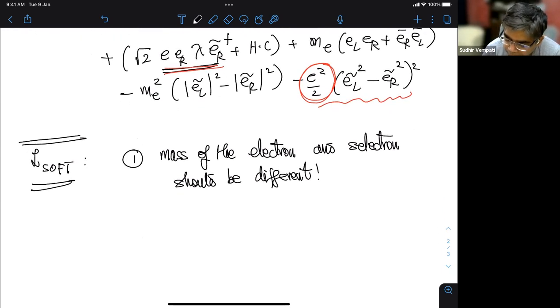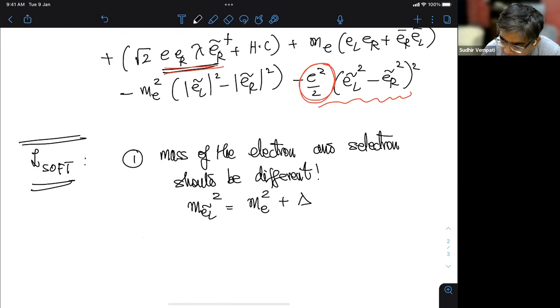So that means you give m_ẽ squared equal to m_e squared plus some delta. So you give an additional mass by some source. We'll see the source in a second, essentially. By some source, which is the SUSY breaking term.